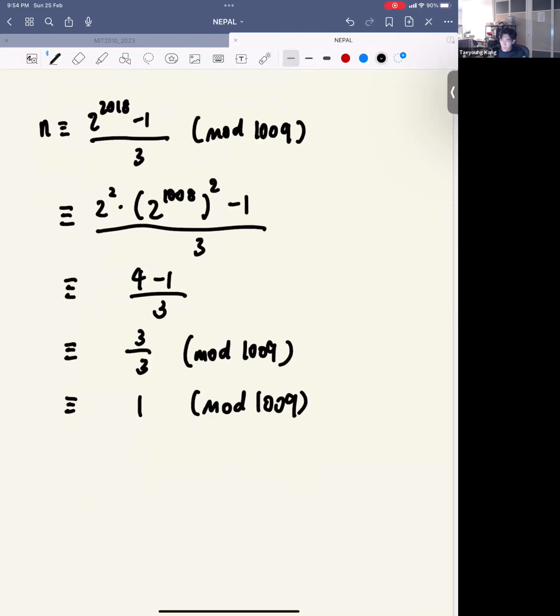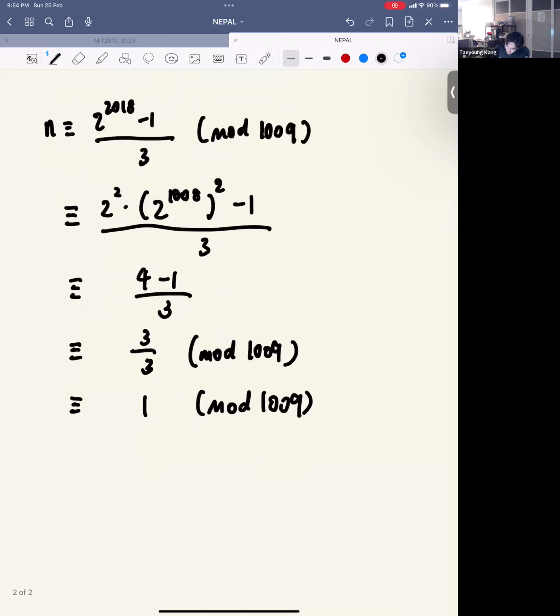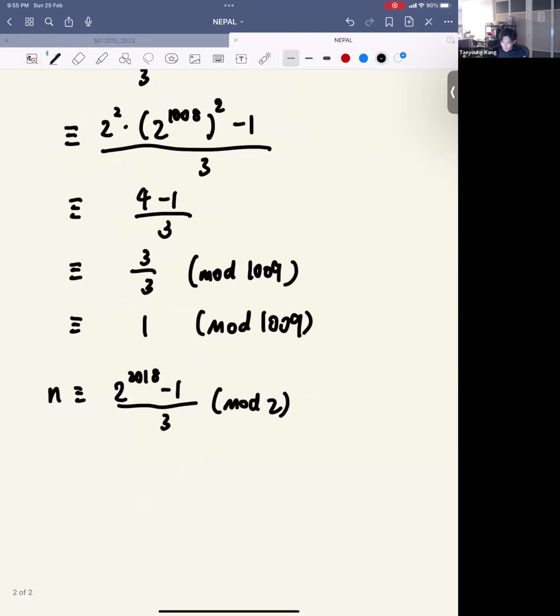What about mod 2? N is congruent to (2 to the power of 2018 minus 1) divided by 3 mod 2. What do we notice? The top here is an odd number, right? And the bottom here is also an odd number. So an odd number divided by an odd number should give you what?